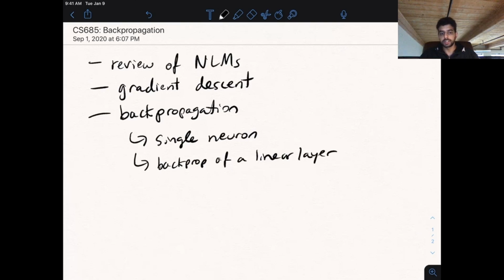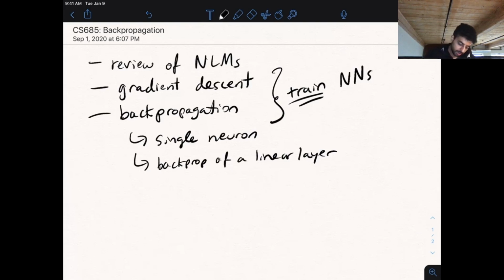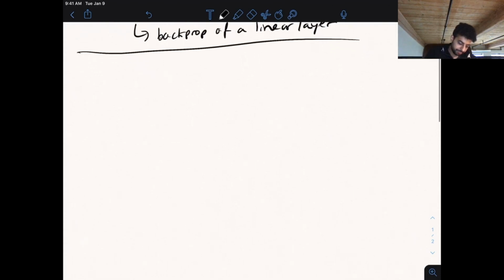The linear layer is used to project the concatenated word embedding sequence into a hidden space. So these two concepts are used to train neural networks. And in our context, we're going to use it to adjust the parameters of our neural language model such that it makes better predictions of what the next word is. All right, so that's a quick overview.